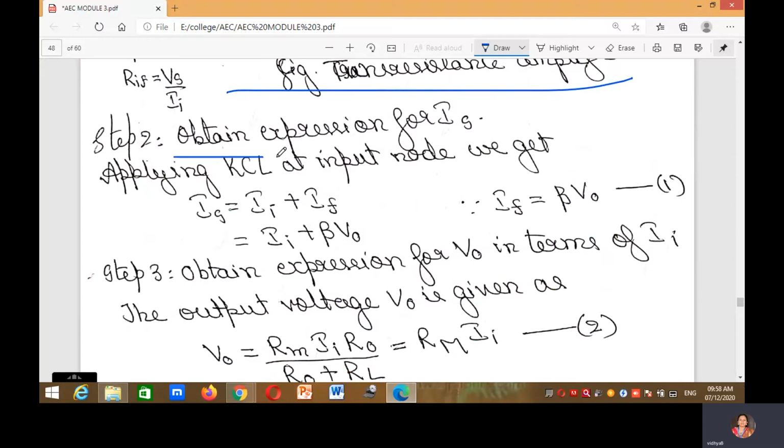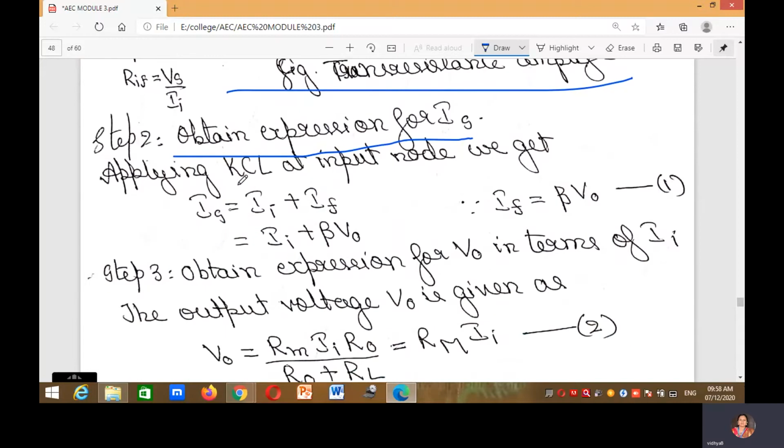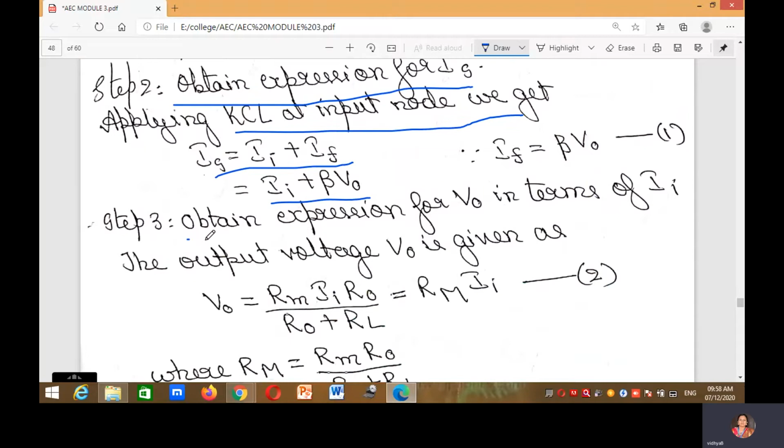Next, step 2, obtain expression for IS. By using the circuit diagram, we need to apply KCL and we get IS is equal to II plus IF, that is equal to II plus beta into V naught. Next, step 3, obtain expression for V naught in terms of II.